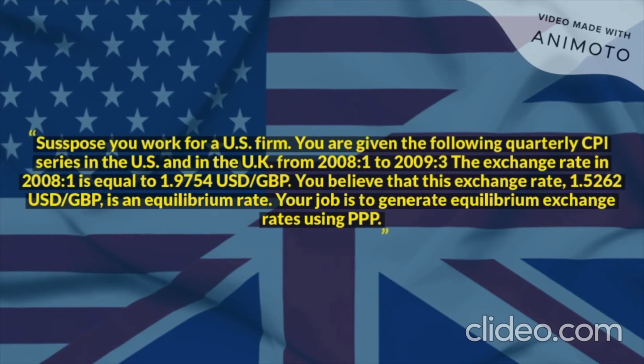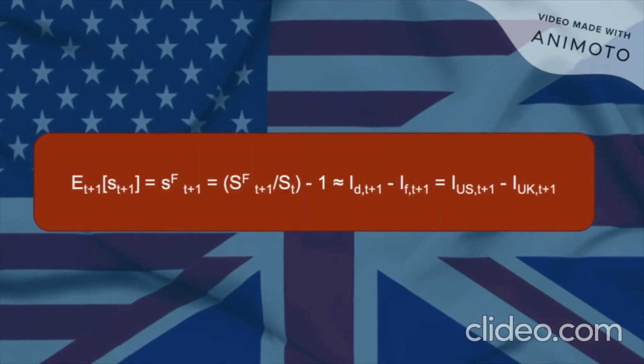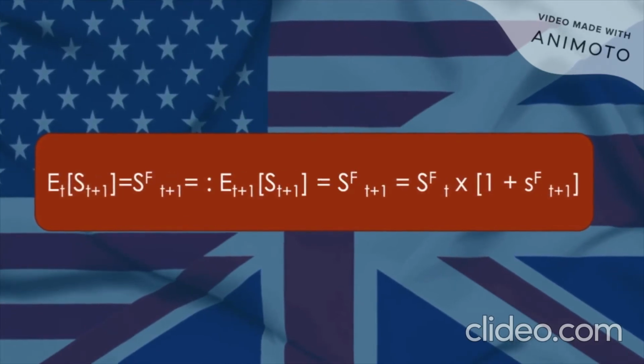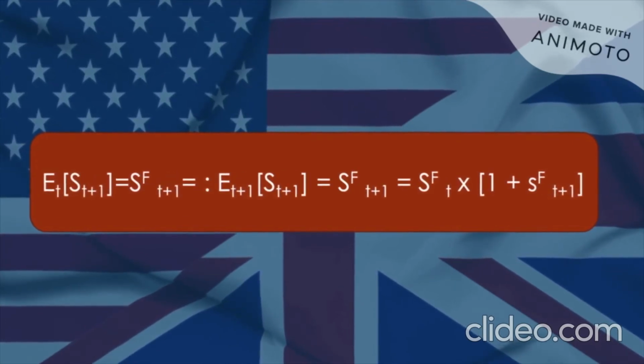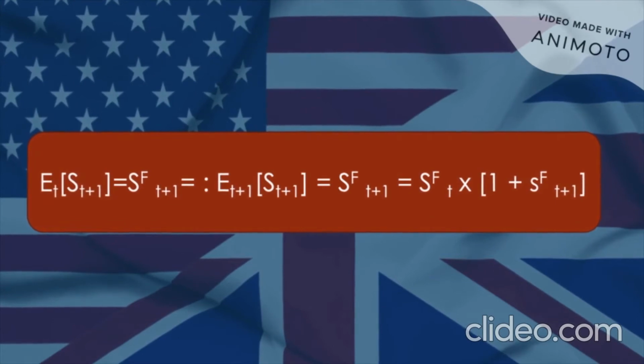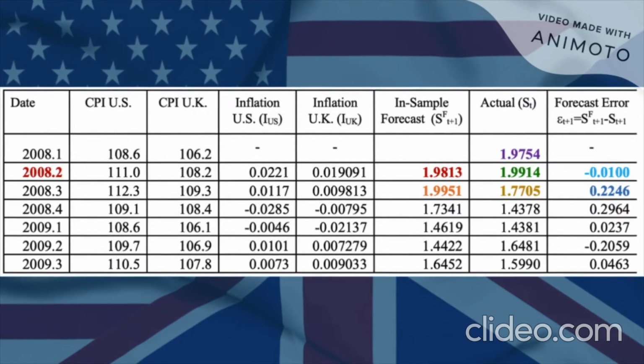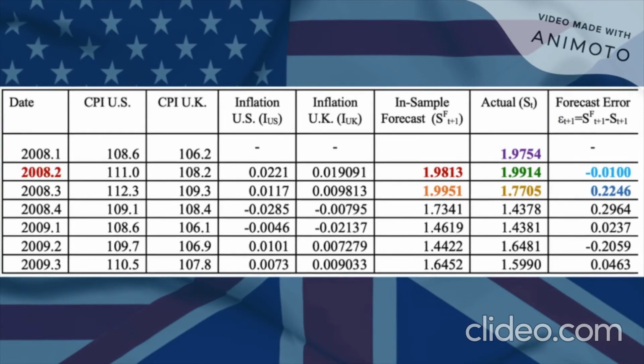exchange rate using relative PPP that is shown here. This is the forecasted level of the exchange rate, US dollar per British pound sterling, for the next period. Next, I'm going to show you how the future value of the exchange rate and the forecast error are calculated from the CPIs and inflations of both countries.